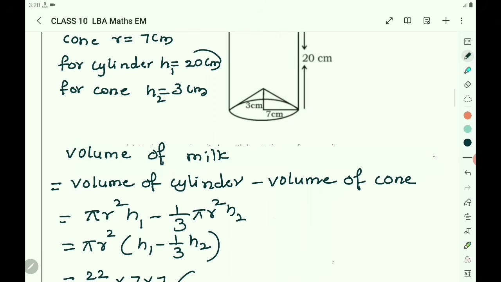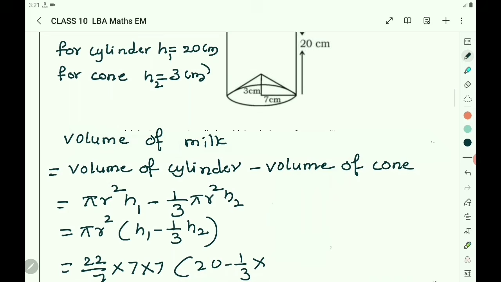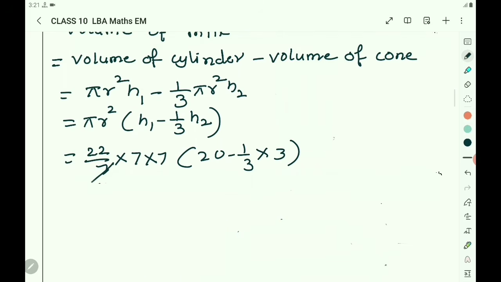H1 is the height of the cylinder, 20 centimeter, minus 1 by 3 h2, the height of the conical part, 3. Cancel 7 7. 22 into 7 is 154.